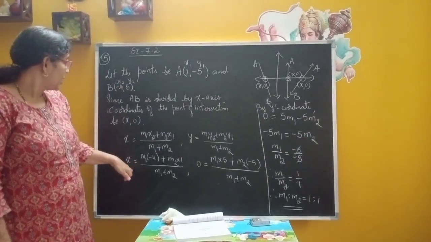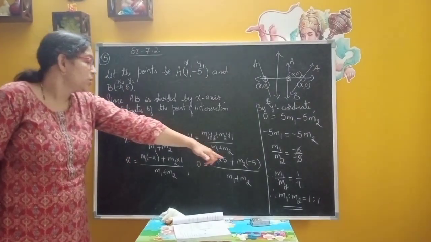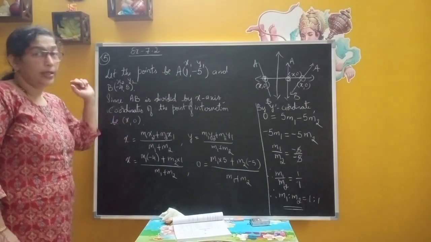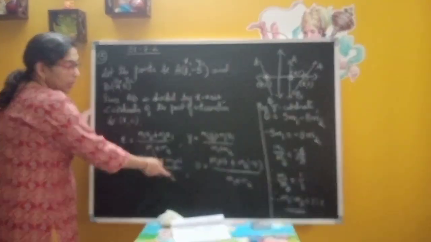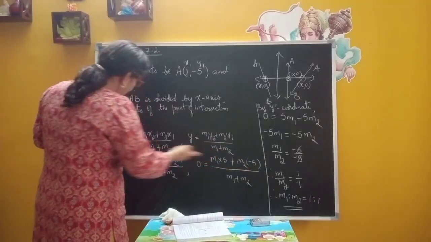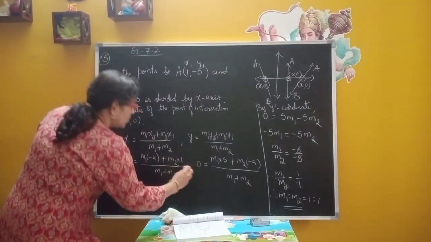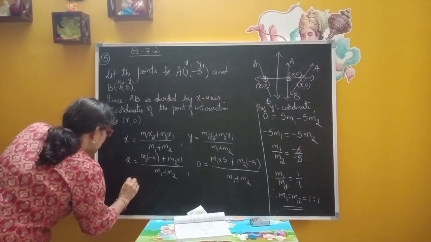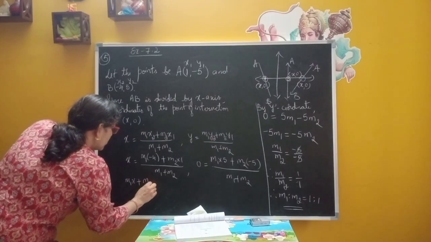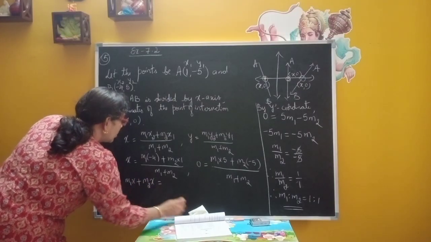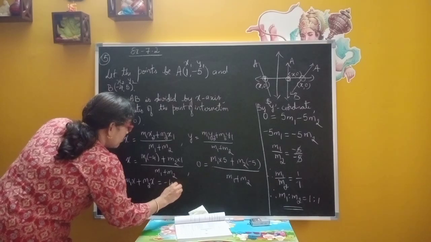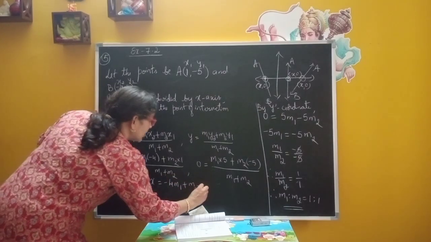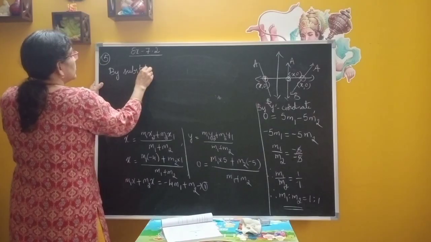Now let us consider this ratio 1 is to 1 and find the value of x. I substitute the values of m1 and m2 in the first equation, m1 x plus m2 x is equal to minus 4 m1 plus m2. I take this as equation 1.